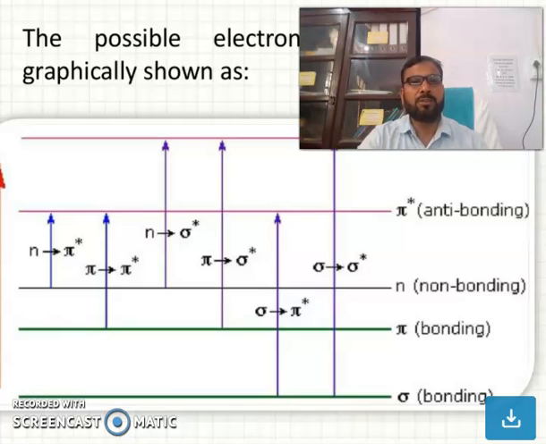If you look at n to pi star, pi to pi star, n to sigma star, pi to sigma star, sigma to pi star, and sigma to sigma star transitions, the possible electronic transitions can be graphically shown here. But we are always interested in a few transitions like pi to pi star and n to pi star transitions.